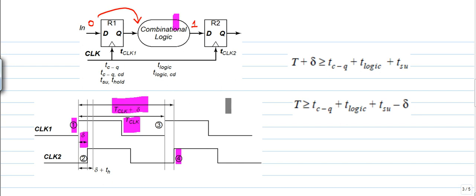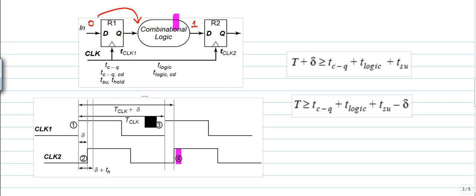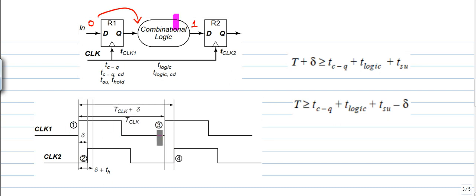This one, TCLK plus delta. So when we look at this timing equation, it tells us clearly the advantages of positive skew.